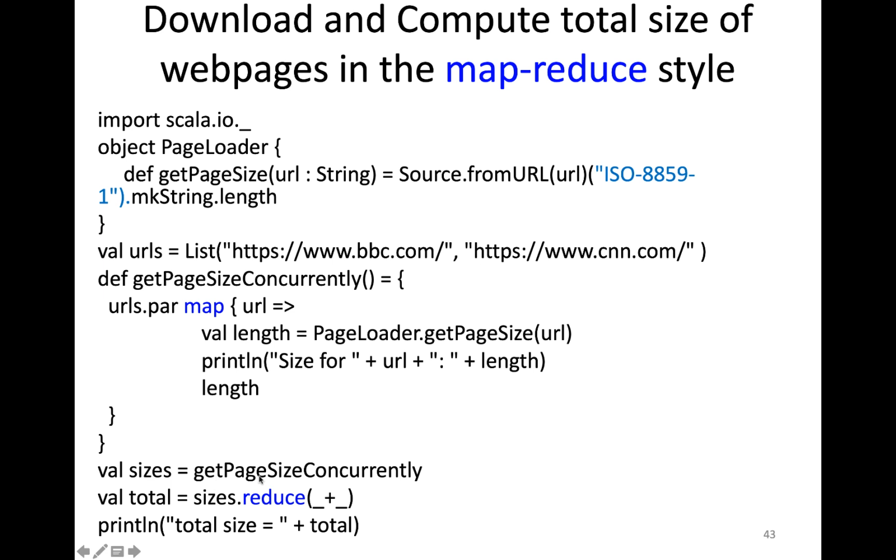So this is the function get page size concurrently. What happens here is we use the parallel version of this collection, and then we map each URL to this functionality. That means for each URL we get the size, then print something and return the size.